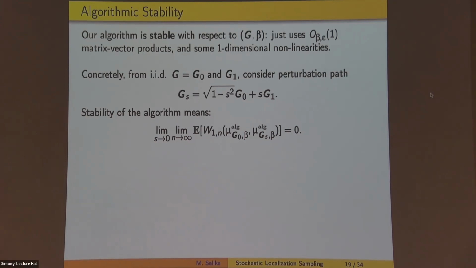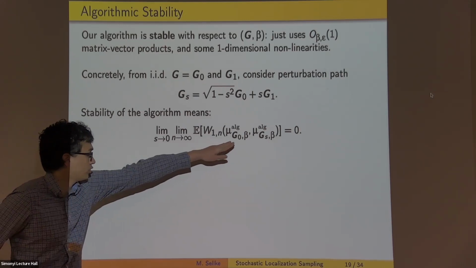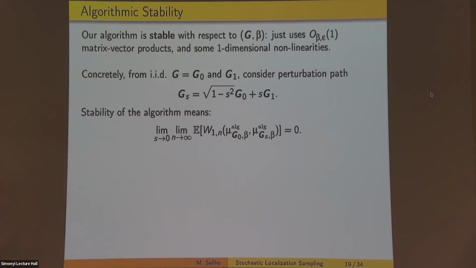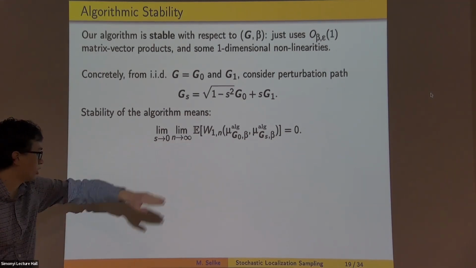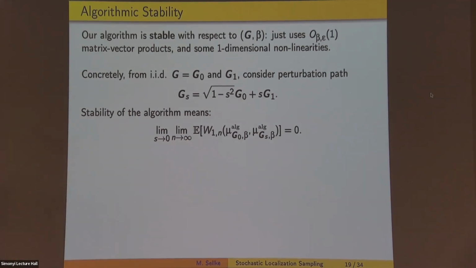I can think of what my algorithm does on these two different inputs, G0 and G_S. They're both distributed according to the same GOE law, just coupled to be close. And the stability means that if I take S to 0 and then n to infinity, the Wasserstein distance between the algorithmic outputs on these two different Gaussian matrices is going to be small.